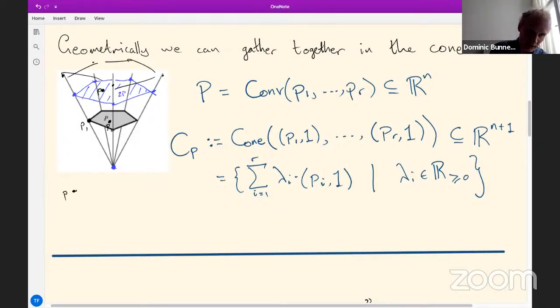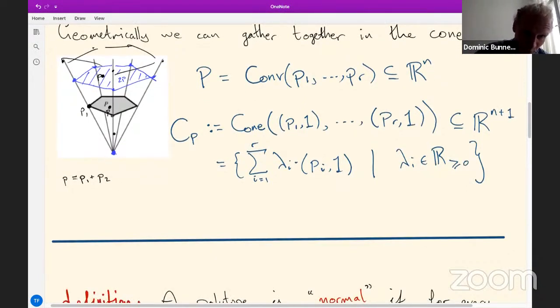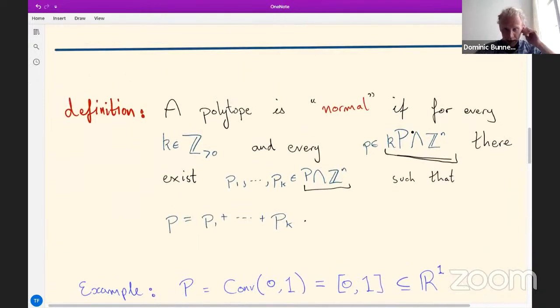Then p has to be equal to P1 plus P2, and then you generalize this for the higher dilations. This is why collecting them all together geometrically in this cone is quite nice. So this is what normality would mean for the second dilation. It means that every lattice point of a K dilation can be written as the sum of lattice points of your original polytope.